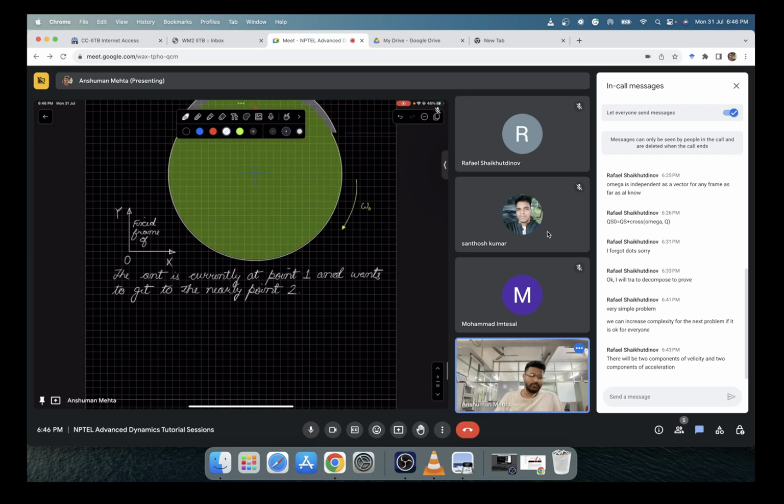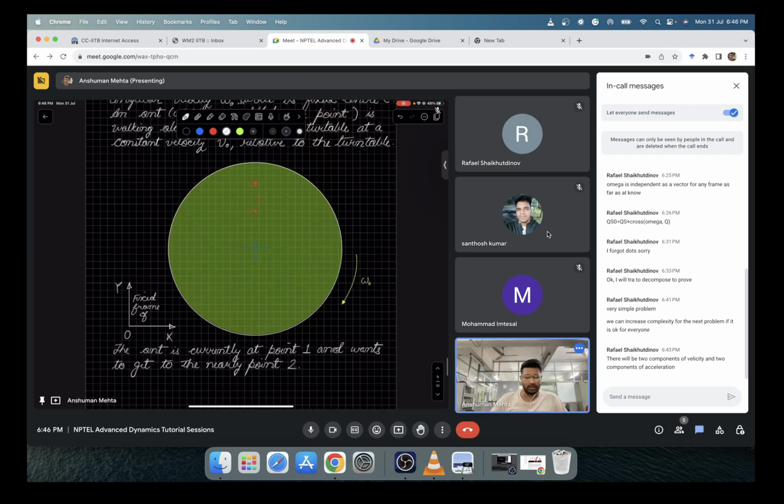So my question at this point: the ant wanted to go to point 2 along the radius, but will it be able to go there?